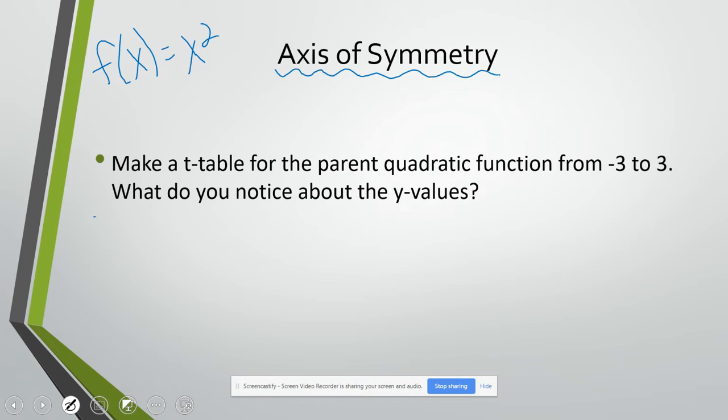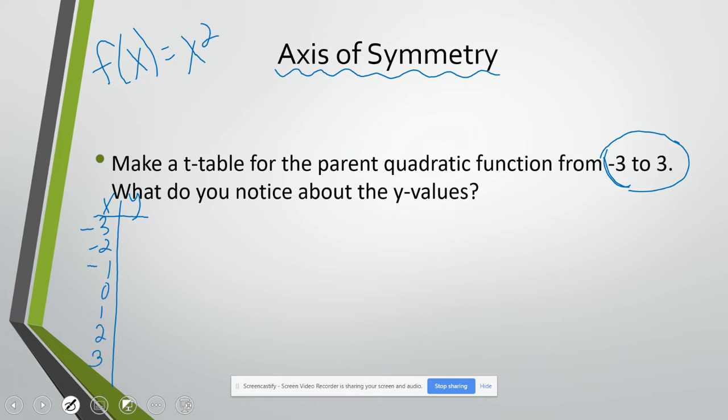So I'd like you to start with just making a t-table. Remember, our parent function t-tables go from -2 to 2. And just for showing more about what our axis of symmetry does, we're going to go from -3 to 3 this time.